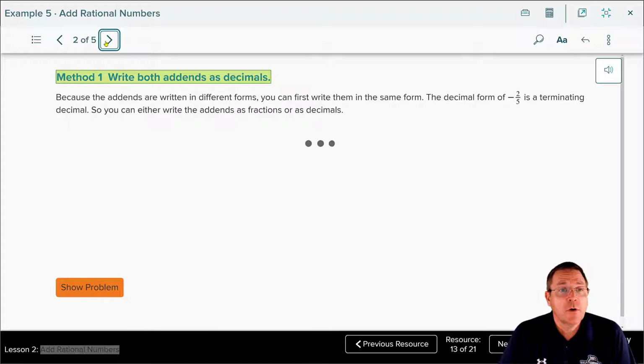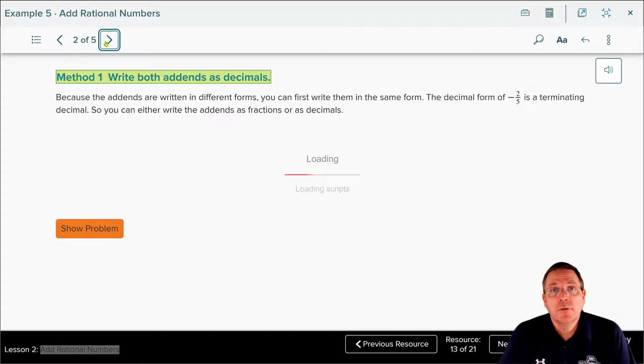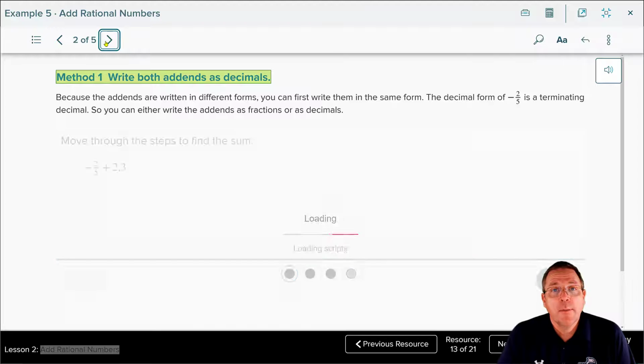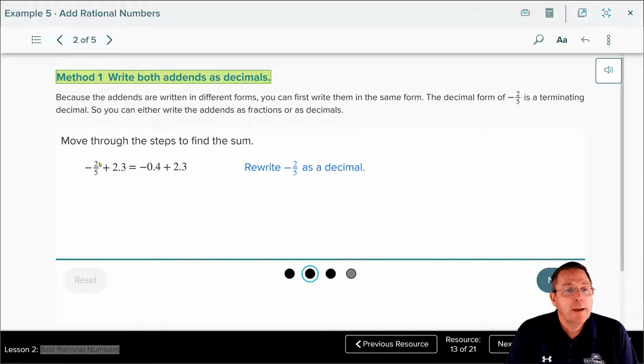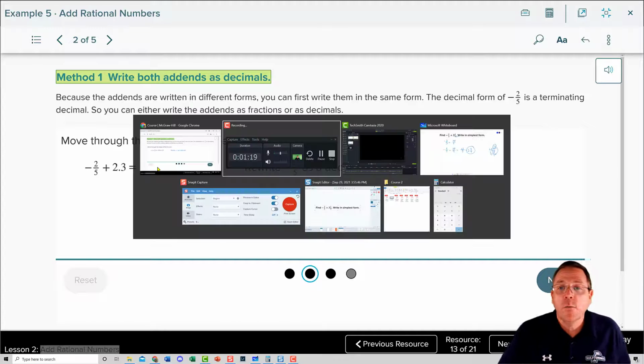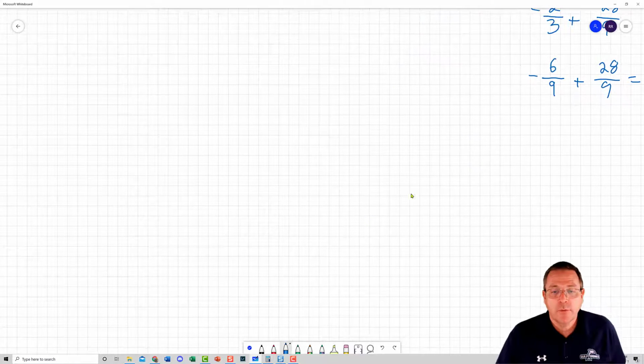So let's get started. They decided that since 2/5 does work as a terminating decimal, they're going to write both of them as decimals because they don't believe that fractions are your friends like I do. So they took that -2/5 right here and they changed it to -4/10. Now let me show you real quickly why that is. So I'm going to come off to the side.